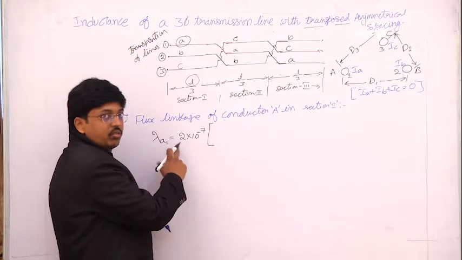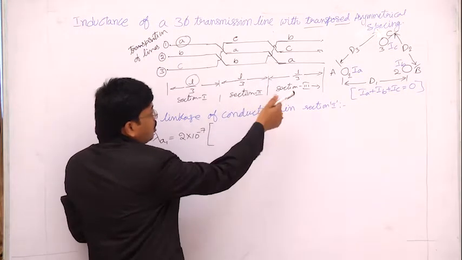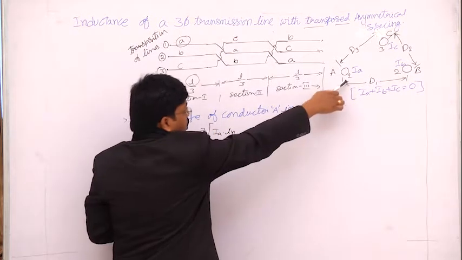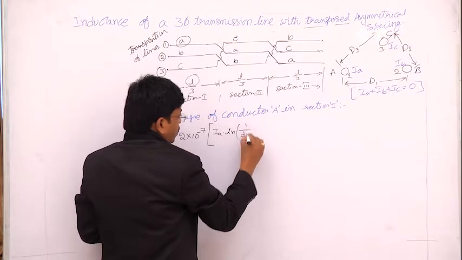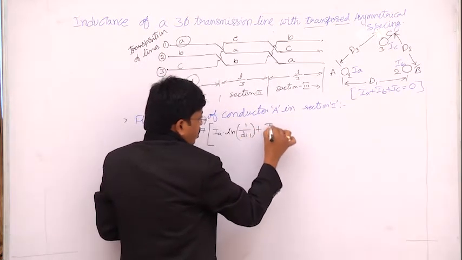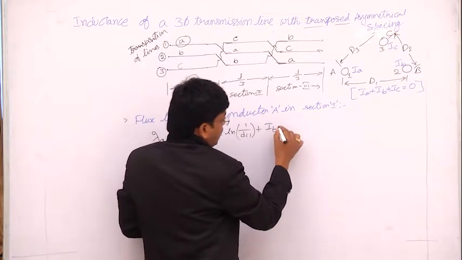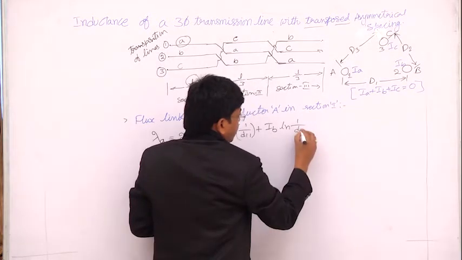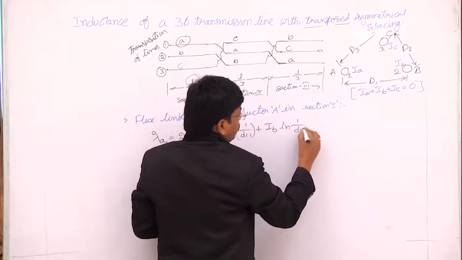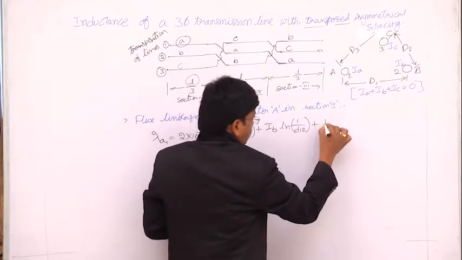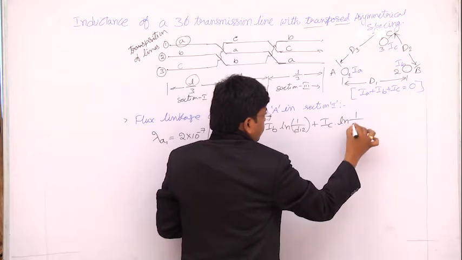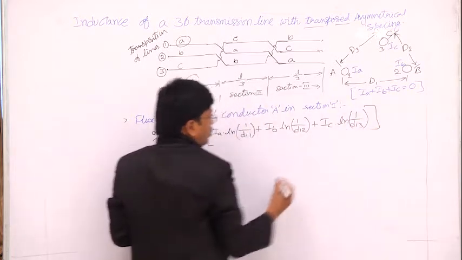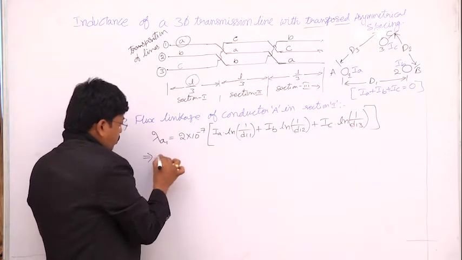That is lambda A1 equivalent to 2 into 10 power minus 7 into the flux linkage due to its own current, that is IA into logarithm of 1 by D11, plus the flux linkage due to phase current IB into logarithm of 1 by the distance between B and A, that is D12, plus IC into logarithm of 1 by the distance between phase A and phase C, that is D13. Now I have to substitute the values.